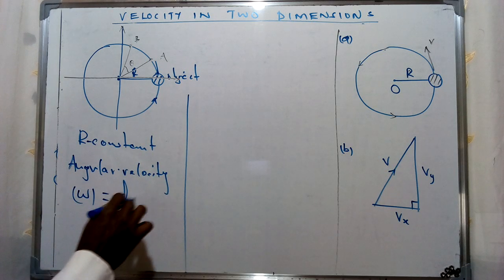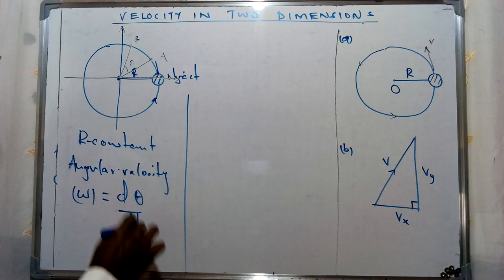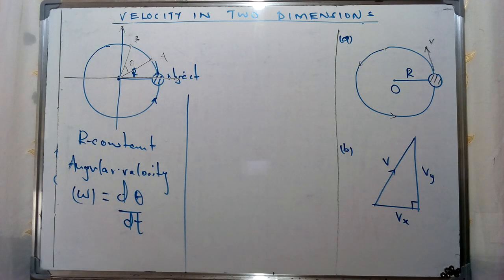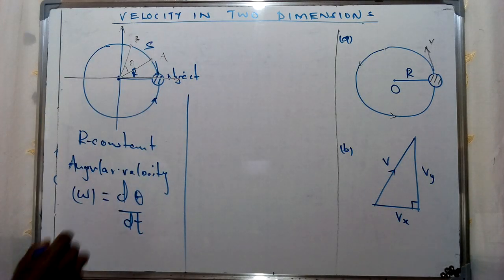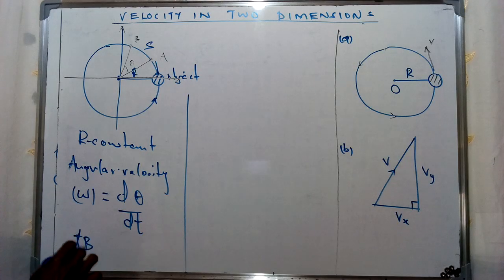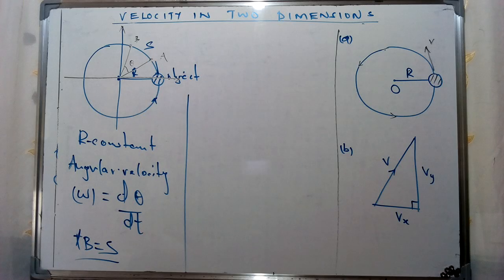So omega is equivalent to the angular displacement with respect to time, whereby theta is this specific angular displacement, and we can give the distance between A and B, which is of course given in terms of s. And of course, that's one of the ideas we are going to borrow in this particular case.